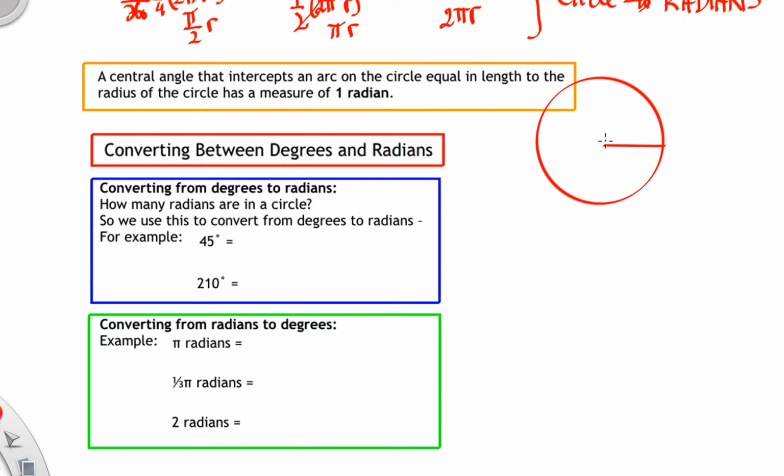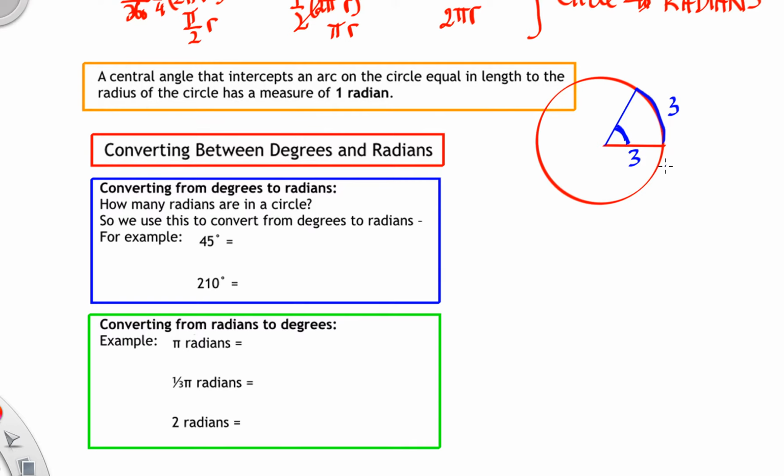And then if I take that radius and I measure that distance along the outside of the circle here, then that rotation, if that distance is exactly equal to this distance, so let's say that the radius here is 3 units, and this was now exactly 3, then the angle of rotation that I just created would be exactly 1 radian.